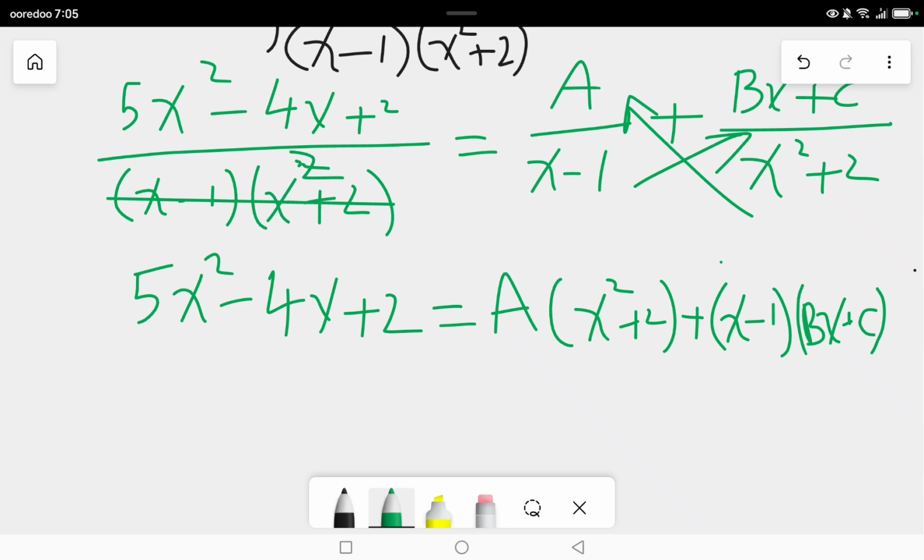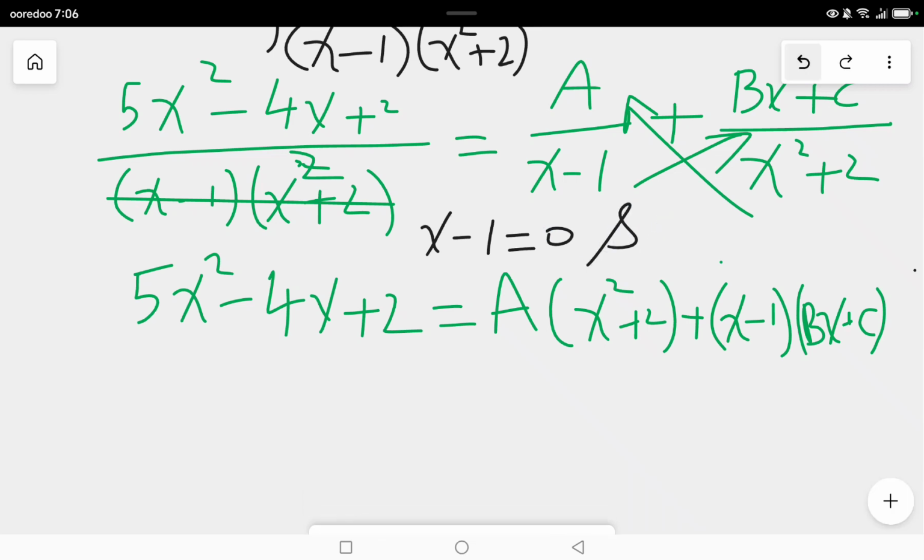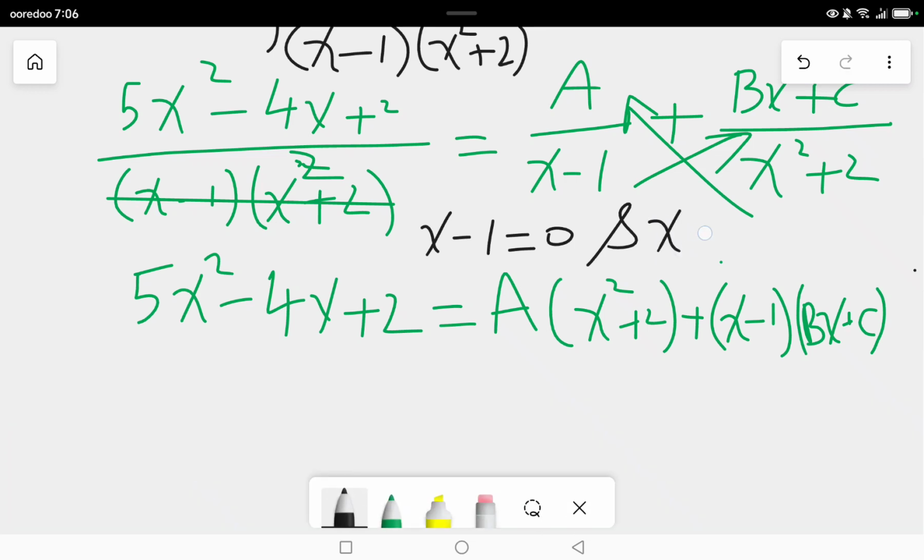For this equation, the first thing, we have x minus 1. You will put x minus 1 equal to 0, and x equals 1, because negative 1 when it goes there it will be positive 1. So substitute x equal 1 in this equation.